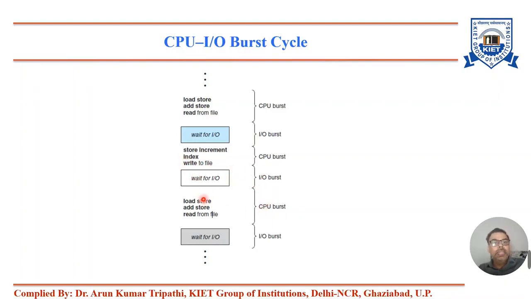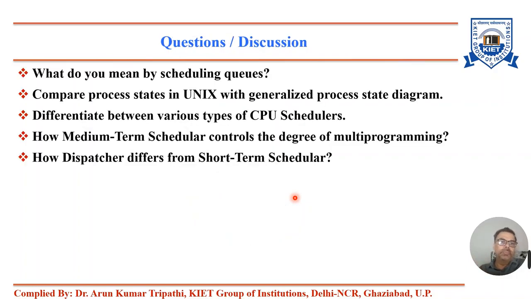Then again a CPU burst: load, store, add, store, read from file. As it wants to read from the file, it is again waiting for the IO. So this is a cycle, means CPU burst, IO burst, CPU burst, IO burst, and this process will continue and ends with a CPU burst.